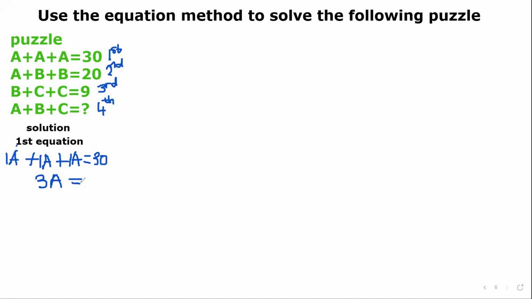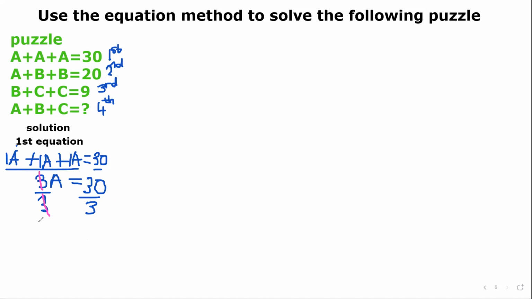Which is equal to 30, okay? Because it has been grouped already. We have the alphanumeric here and the number here. So within the alpha, we have 3A equal to what? 30. To find A, divide both sides by the number attached to the letter, which is 3 here, and which is 3 also here. Okay, so this 3 will take out this 3, therefore A will be free.